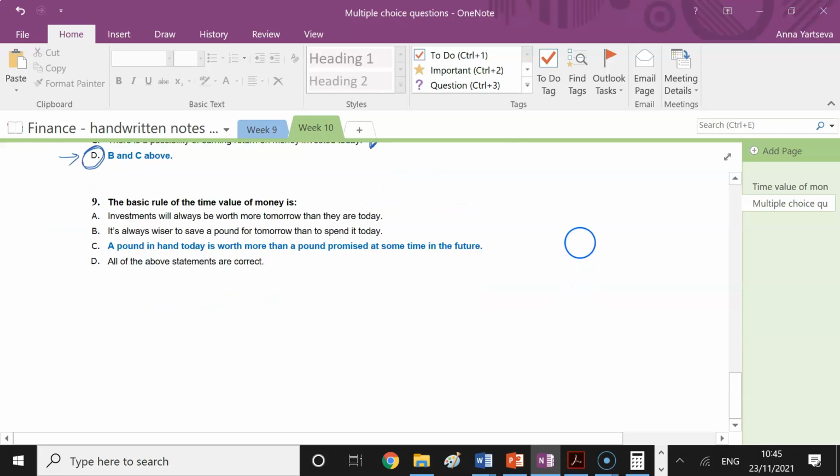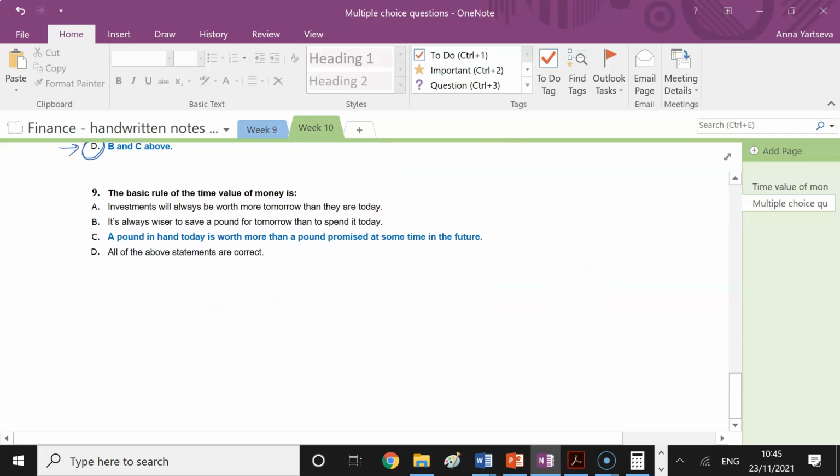B and C are correct options. The basic rule of time value of money is: investments will always be worth more tomorrow than they are today. No, because investments are not guaranteed. We hope that if we invest certain capital, we will be able to earn and our capital will grow. But in fact, every investment is associated with risk. It carries risks, especially if you invest in the stock market.